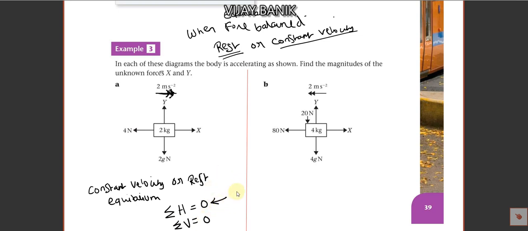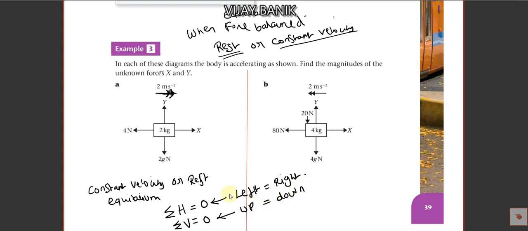That means total left hand side force equals total right hand side force horizontally. And vertically, same meaning: total upward force equals total downward force.